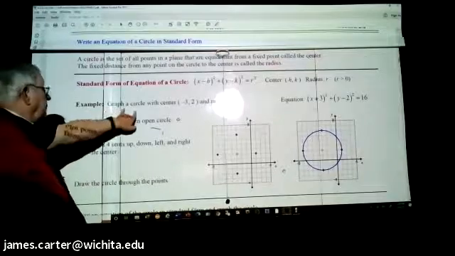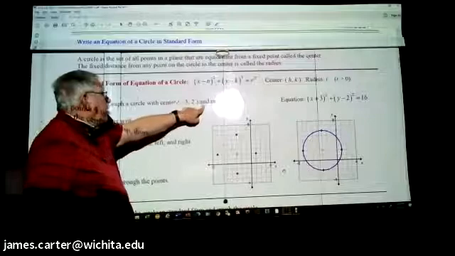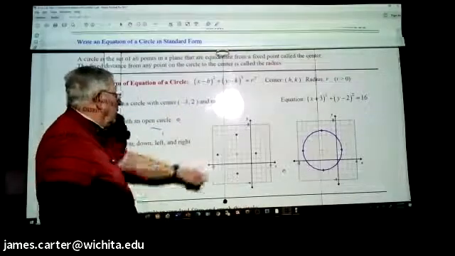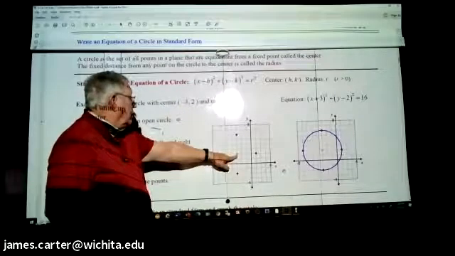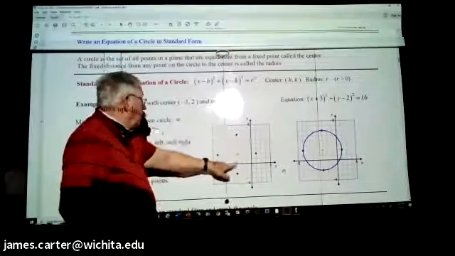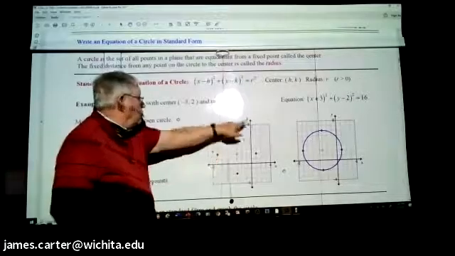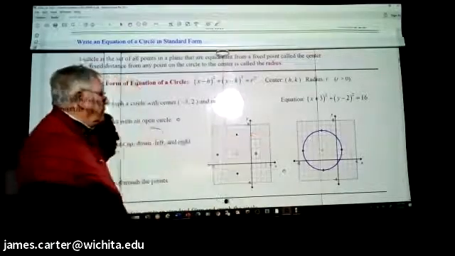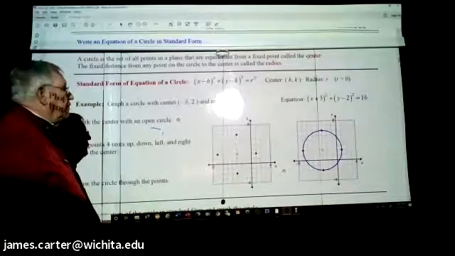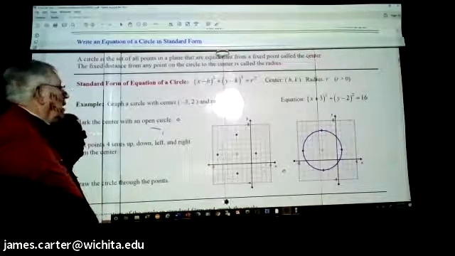Now, graph the circle with the center -3, 2 and radius 4. Well, here's your center. 1, 2, 3, 4, in each direction, and then you fit the curve. They call that curve fitting. Okay?